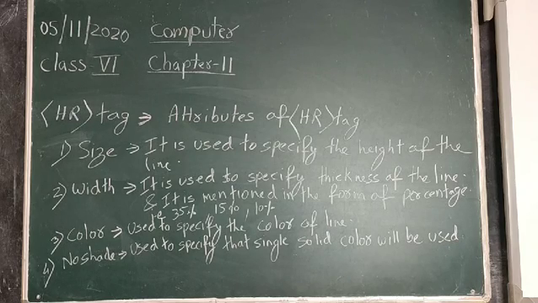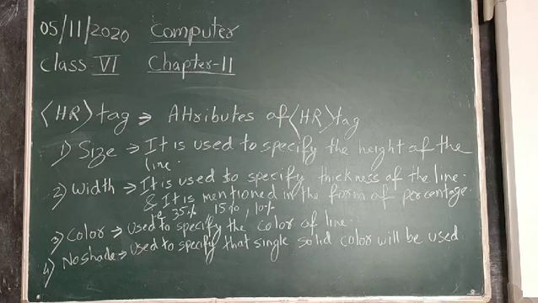Okay, now coming to the attributes of the HR tag, there are four different attributes. First one is the size attribute. The size attribute is generally used to specify the height of the line, or you can say the length of the line can be specified through the size attribute. Then second one is width.